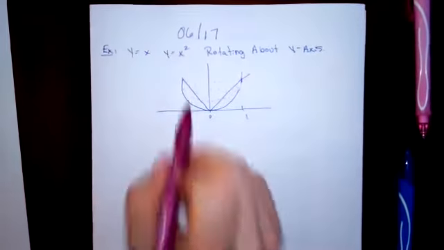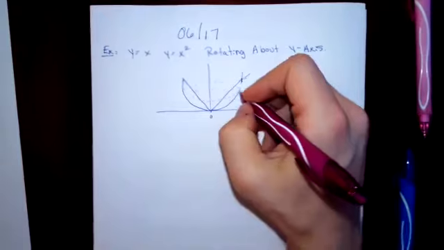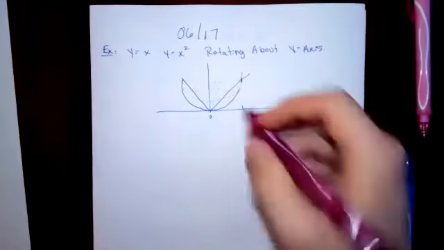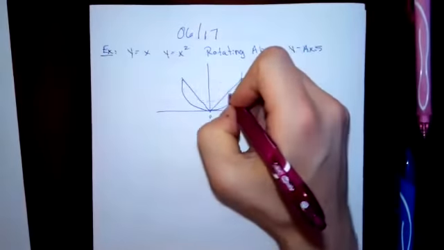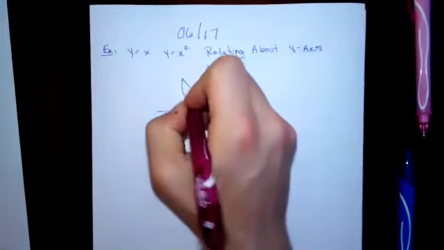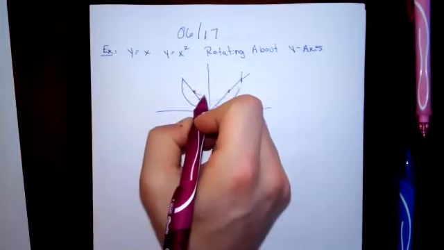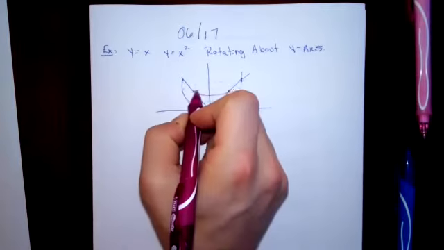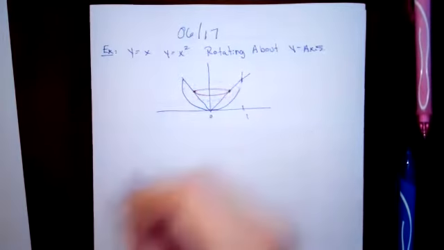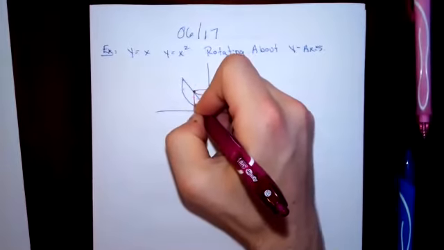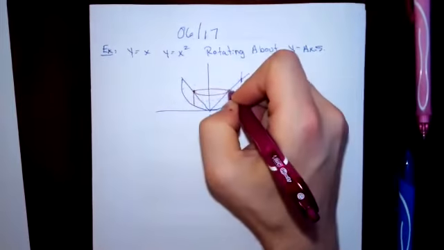But we don't want to use washers with a width now. Instead, what we want to do are these cylindrical shells. So our shells, the height is going to go in between the functions.